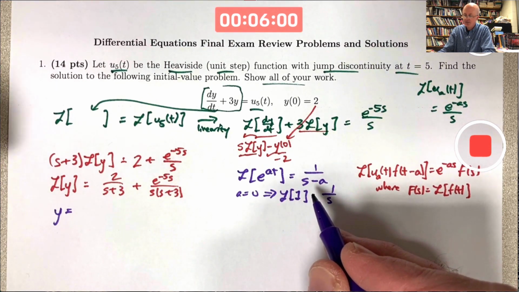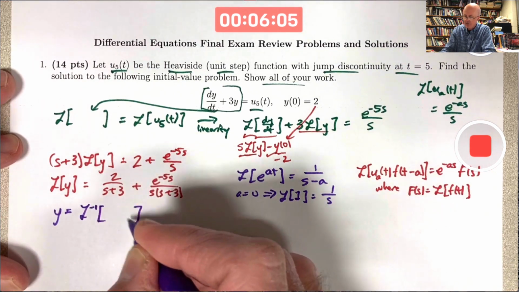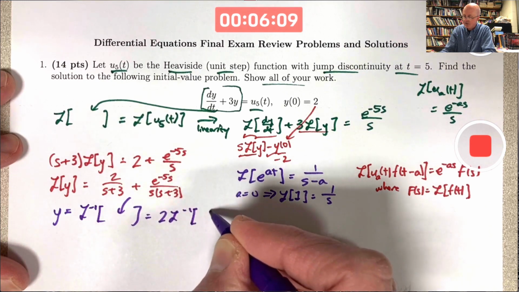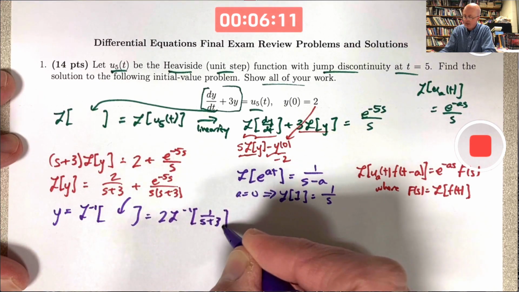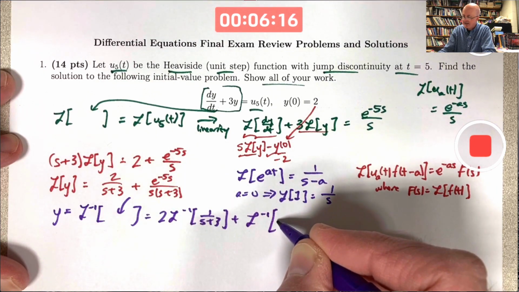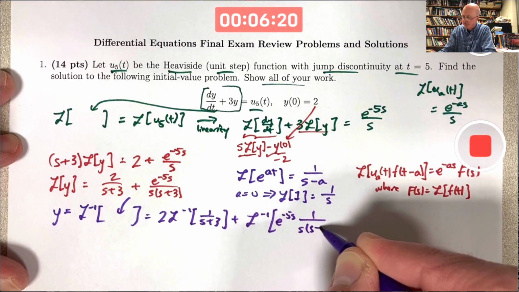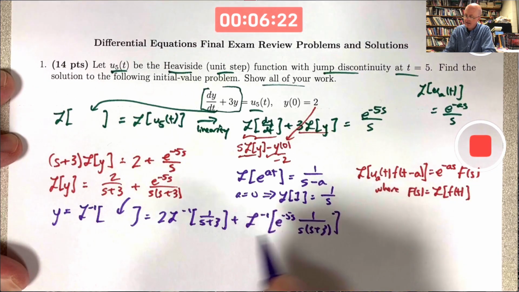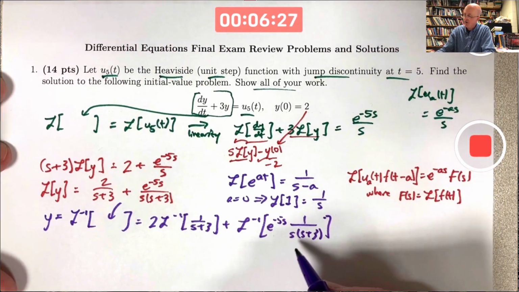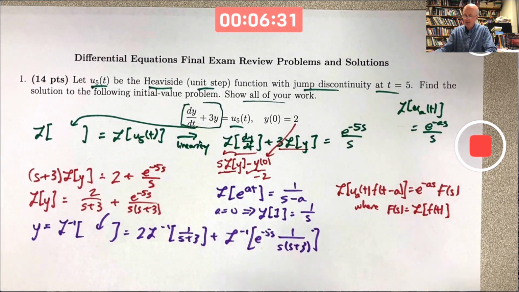And yes, the inverse Laplace transform is linear, so the inverse Laplace transform of all this is 2 times the inverse Laplace transform of 1 over s plus 3 plus the inverse Laplace transform of this expression, and I'll write it as e to the negative 5s times 1 over s times s plus 3. Again, this one can be computed just from this fact. This one can be computed from this fact over here, but it's a little tricky. You got to be careful.